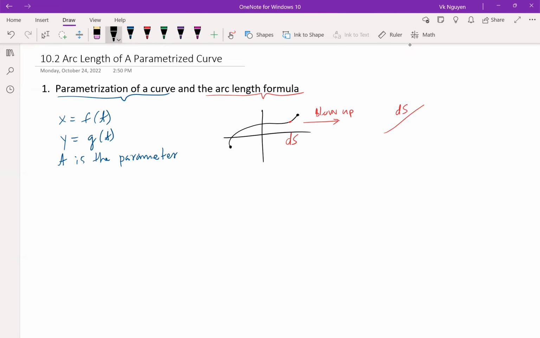And so we can get a right triangle, with a small change in x and a small change in y.